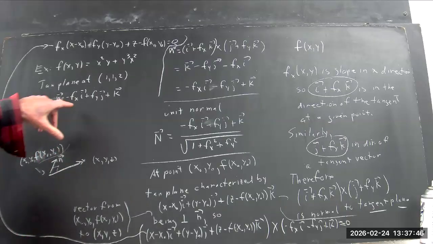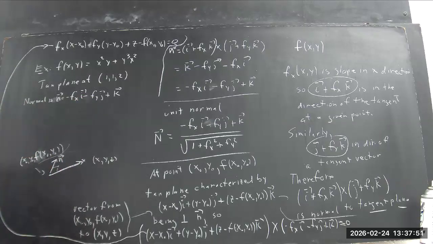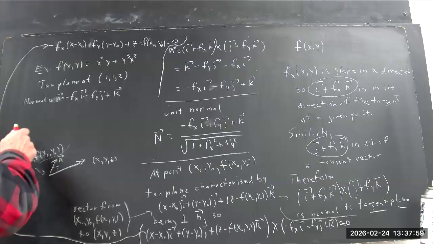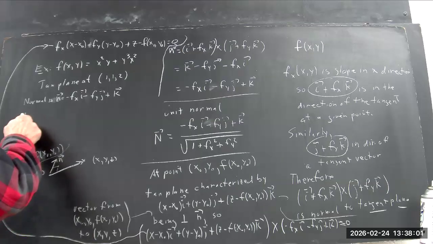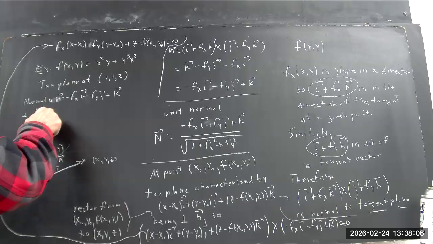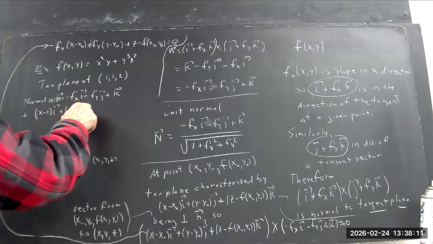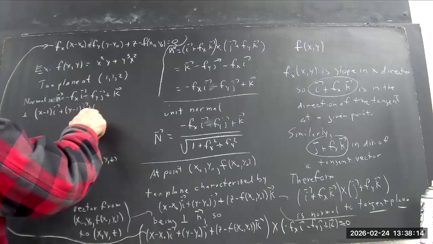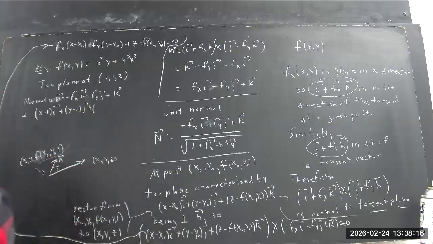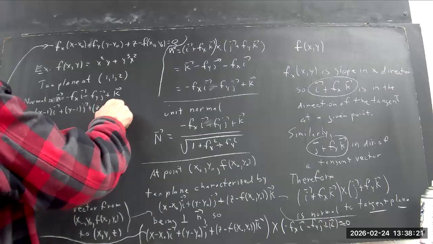Okay, the normal is going to be n equal negative fx i minus fy j, should have been minus, plus k. Perpendicular to x minus 1 i plus y minus 1 j plus z minus 2 k.